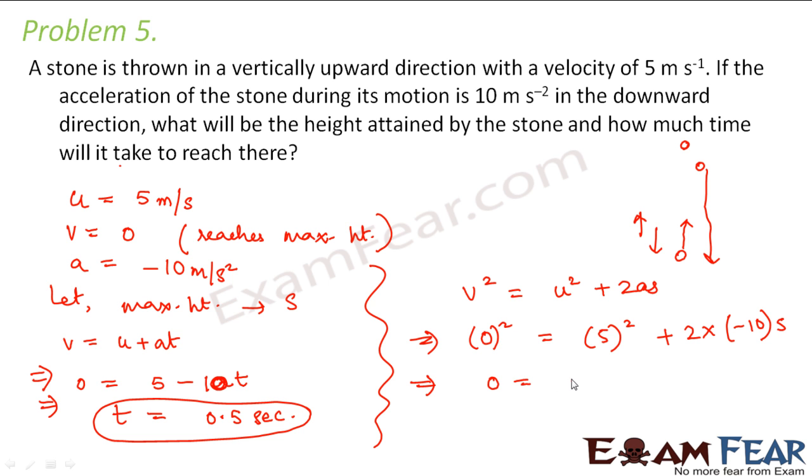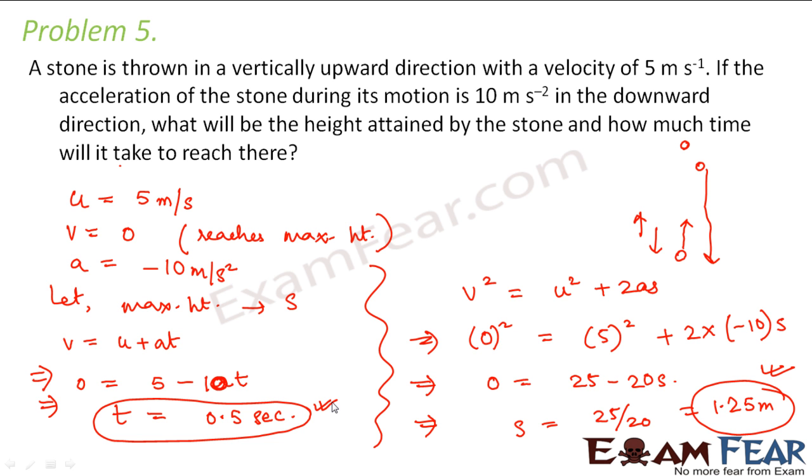So from this we can say 0 is equal to 25 minus 20s, or s is equal to 25 by 20, that is equal to 1.25 meters. So this is the maximum height that the stone will reach, and this much amount of time it will take to reach the maximum height.